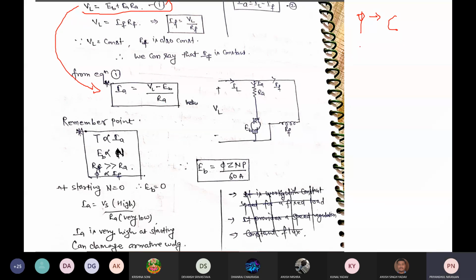Okay, so my second point is RF is much greater than RA. Second point you have to remember. For example RF is 230 ohm, while RA is 0.1 ohm, like that. Why we use this, I told you earlier. So you have to remember RF is much greater than RA, meaning the field winding resistance is much greater than the armature winding resistance. Okay, clear?